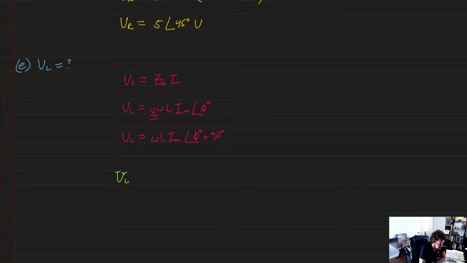Our phasor V at L is equal to omega, which was 1,000, times L, which was 50 millihenries, so 50 times 10 to the negative third, times Im, which was 50 milliamps, so that's also 50 times 10 to the negative third, and all of that at an angle of 45 degrees plus 90 degrees.